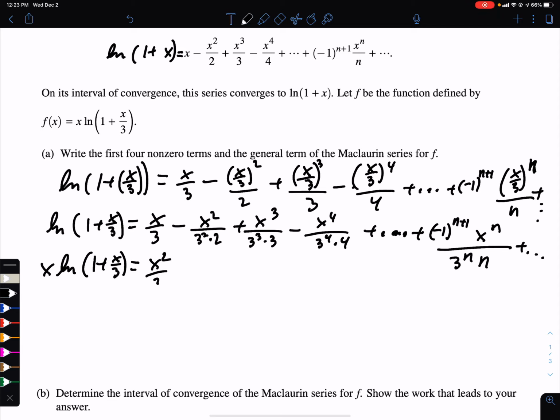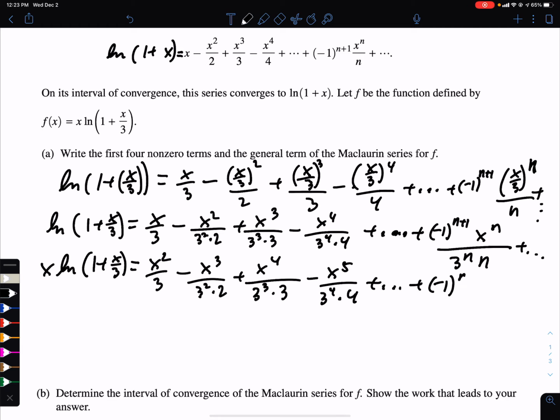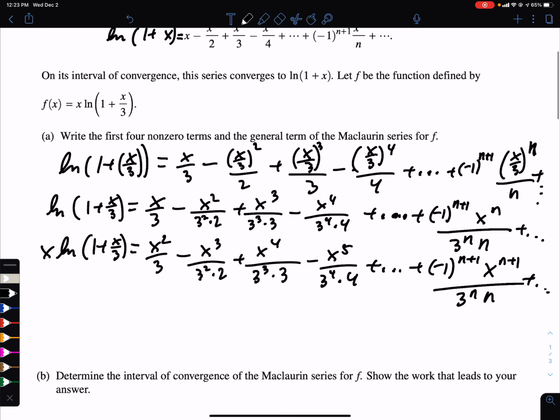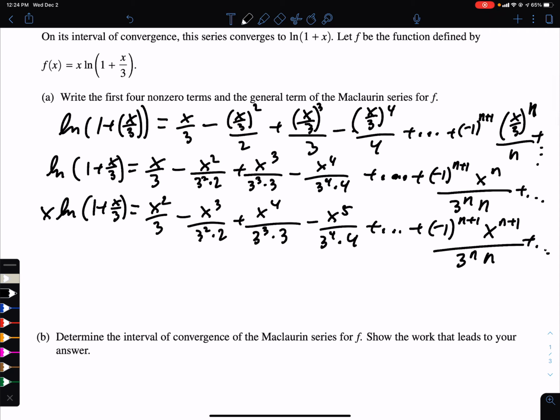So we'll have x squared over 3, x cubed over 3 squared times 2, x to the 4th, x to the 5th, and then what's going to happen to your general term? You're going to have an extra x, so it's n plus 1 over 3 to the n plus dot dot dot. So that's part A, and we're done with that.